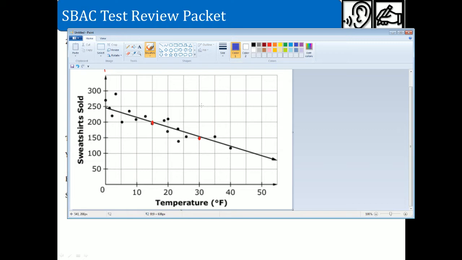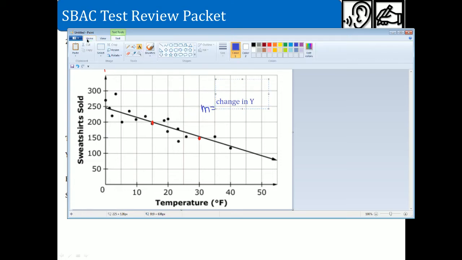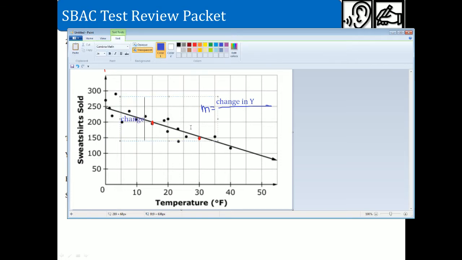The slope, which is defined by the letter m, is equal to the change in y divided by the change in x.